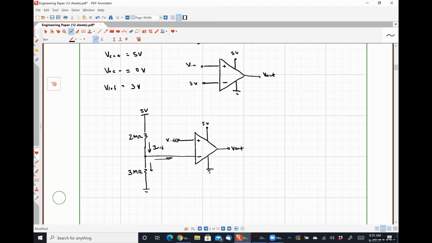We can prevent this by simply making, instead of using mega ohm resistors, use kilo ohm resistors, right? So if we have a 2K and a 3K, this current that branches off and flows into the input terminal, the op amp, is going to be very, very small in comparison to our reference current that's flowing through our reference voltage generating resistor network, right? So we have to pay attention to little things like this.